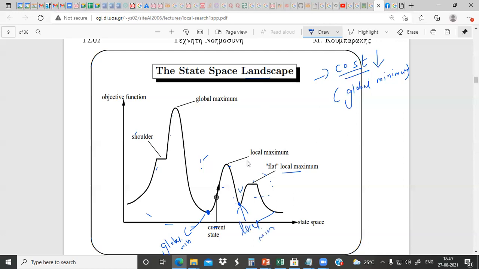So if the problem is evaluated based on cost, then your objective is to find the global minimum. If it is an evaluation function, then normally we want to maximize the evaluation function. In that case, we have to find the global maximum, right?